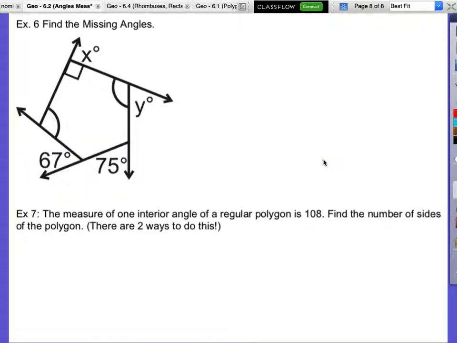Okay. On 6, we're supposed to find a couple missing angles. How many missing angles are we supposed to find? Two. We have x and a y up there. Okay? So what kind of angles are those? Interior or exterior? Exterior. What do we know about the sum of the exterior angles of a polygon? That equals 360, right? William, you're going to answer that question, or are we going to try to go further? Trying to go further. Okay, what are you thinking?